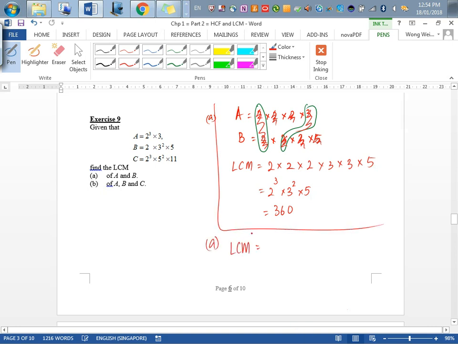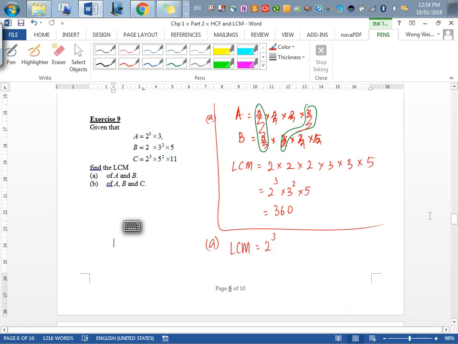LCM equals to, just by looking, look at the one that has a greater power, which is 3. So 2 to the power of 3 times 3 to the power of 2 times 5. How many of you just did it like this in 2 steps?